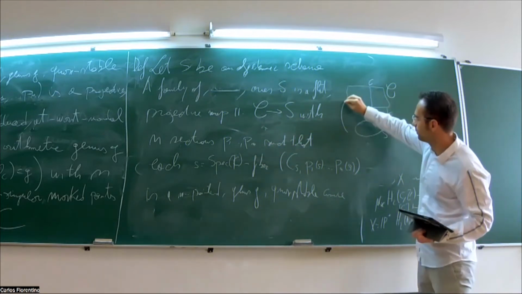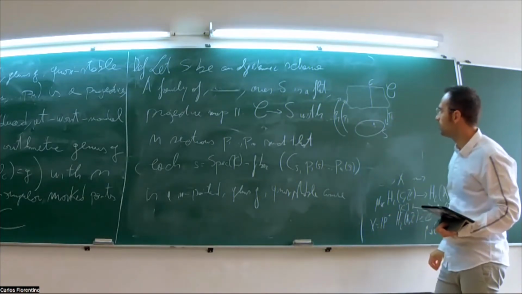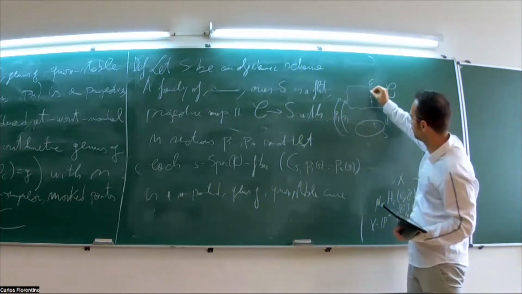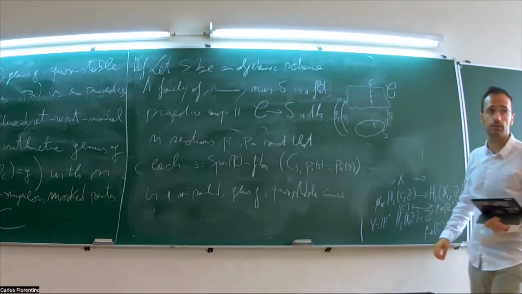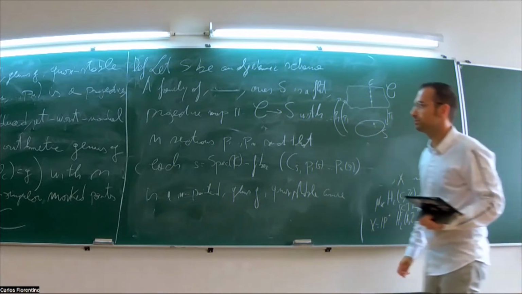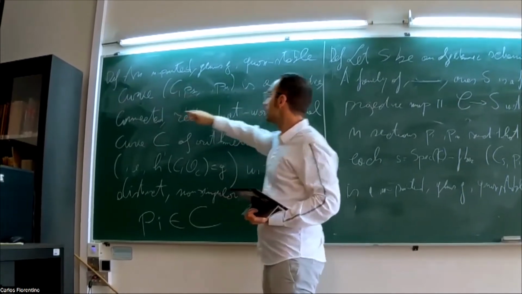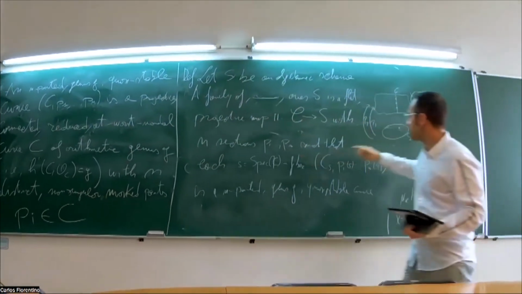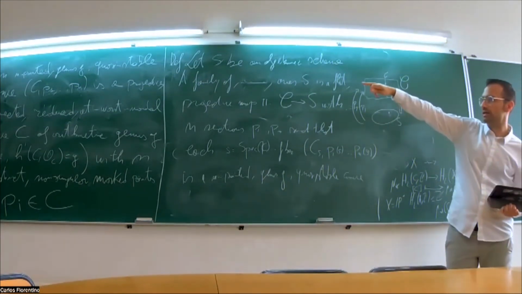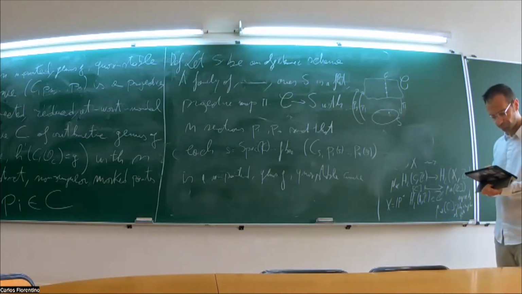So we have P1, P2, and so on, such that the images of small s are n smooth points of C. Here we have sections that at each closed point give us the non-singular points of the curve. So this is a family.